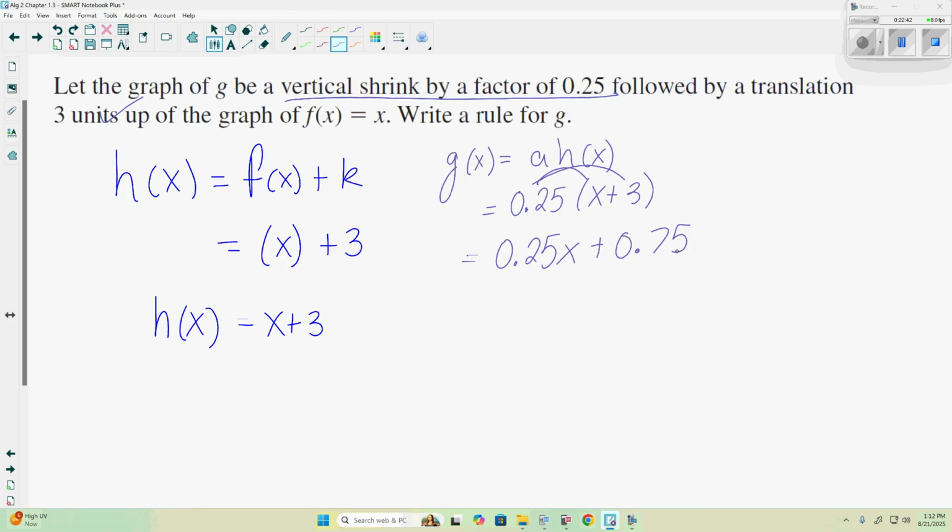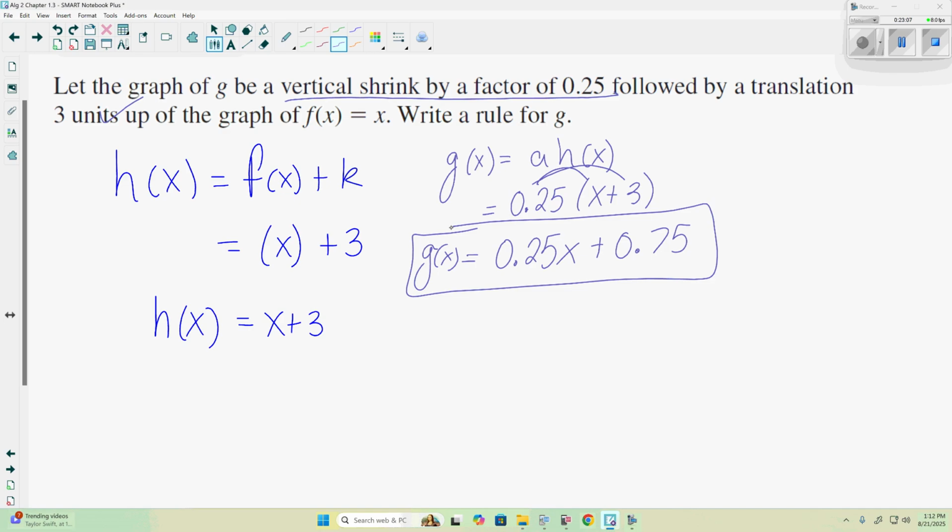Are these the same equation? No. This is where order matters. And it's specifically that order matters because we messed with y in two different places for this function. Vertical stretch and shrink is affecting the output values, the y values.